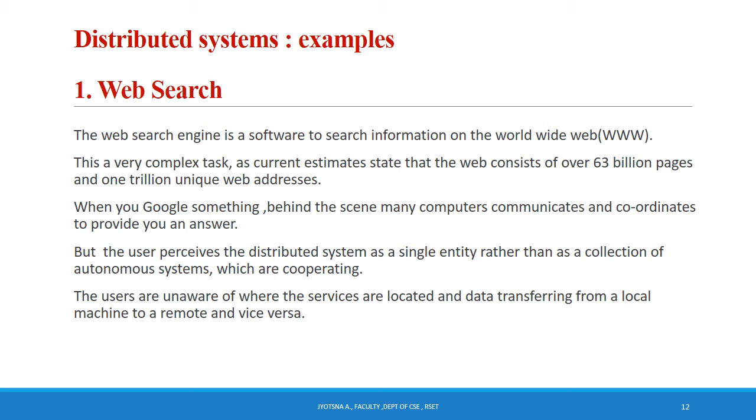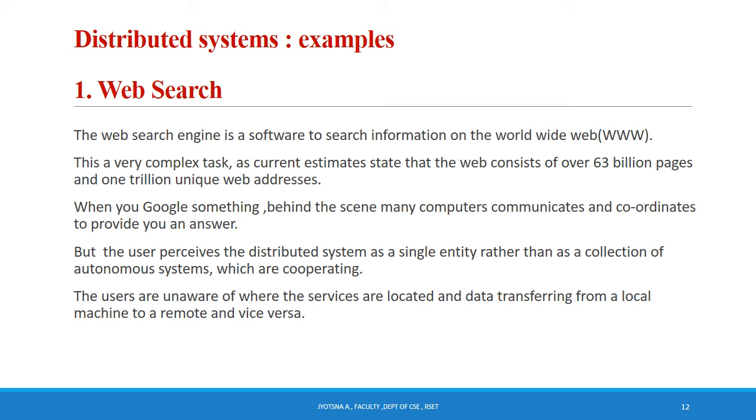When you Google something, behind the scenes many computers communicate and coordinate to provide you an answer. But the user perceives the distributed system as a single entity rather than as a collection of autonomous systems which are cooperating. Google usually returns the ordered list of the most relevant results that match your query by searching the contents of the web, right?